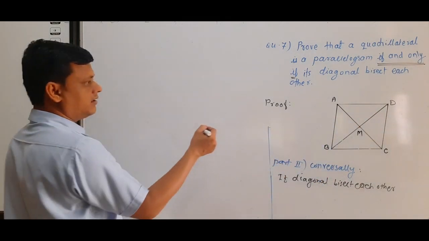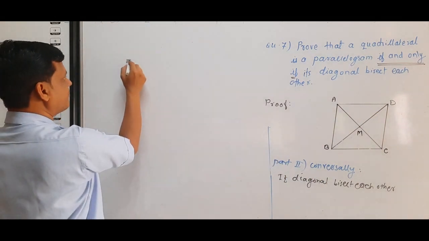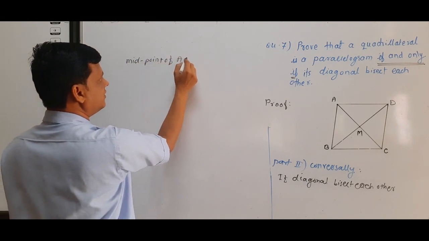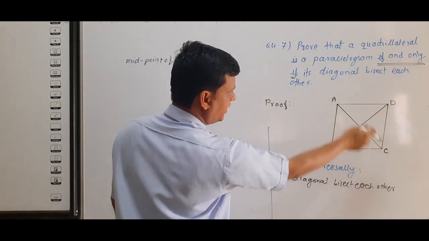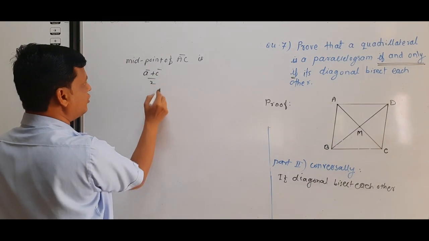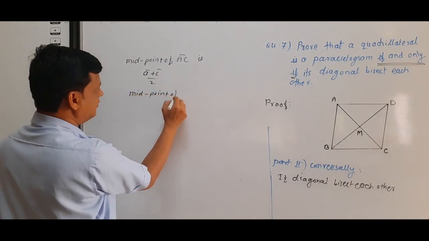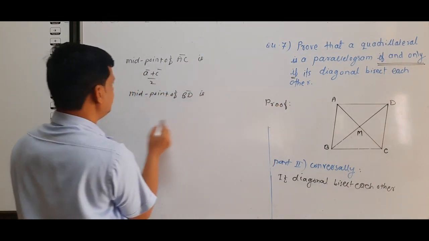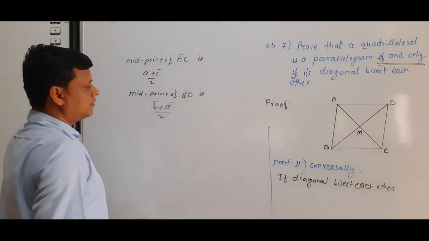So we write here the midpoint of AC, vector AC, is A bar plus C bar upon 2, and the midpoint of BD, vector BD, is B bar plus D bar upon 2.